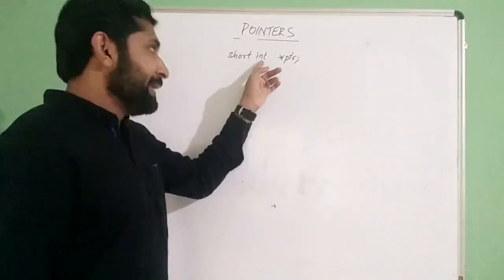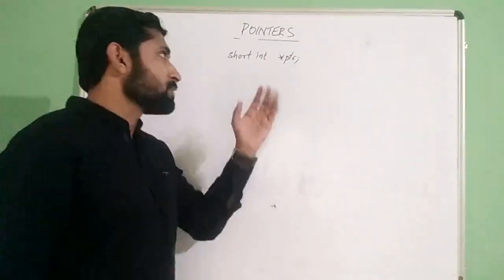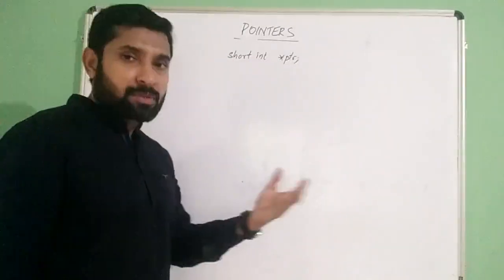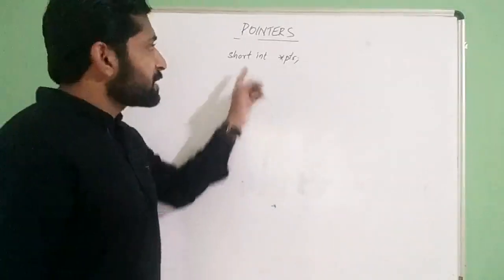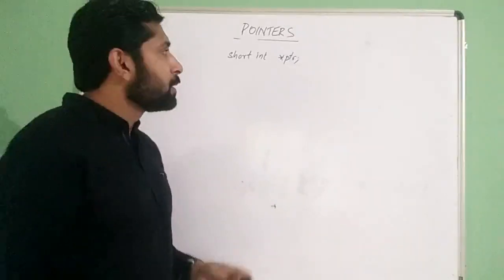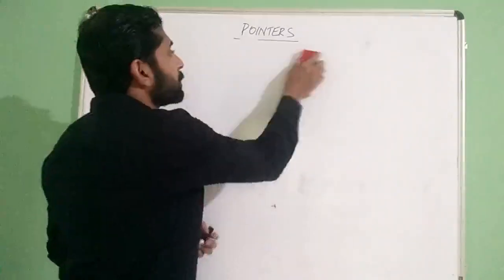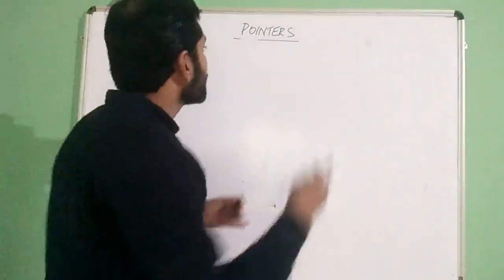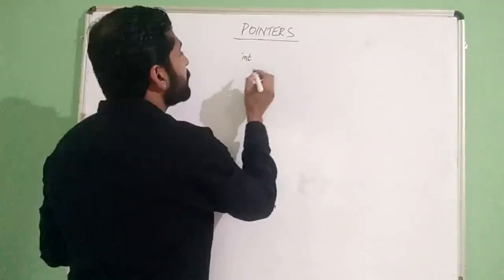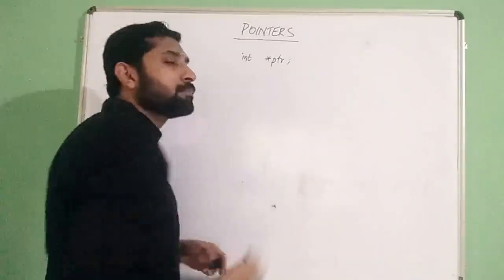We know integer in the GCC compiler uses 4 bytes. Short integer uses only 2 bytes. Such a pointer we write as short int star ptr. Or if you have any confusion, let's change that. Let it be int star ptr, an integer pointer.